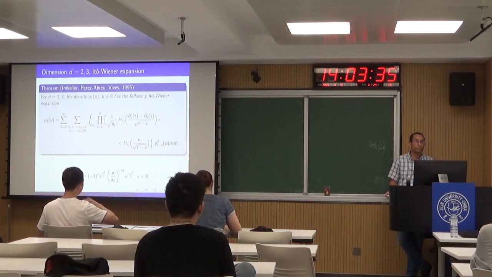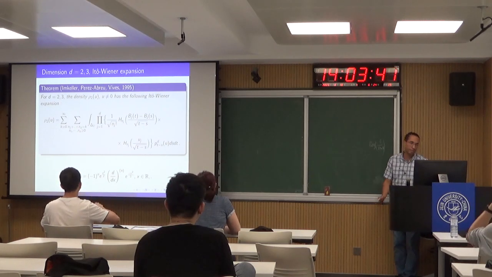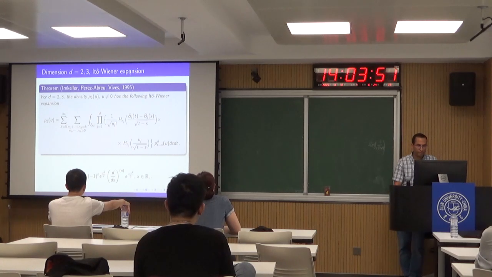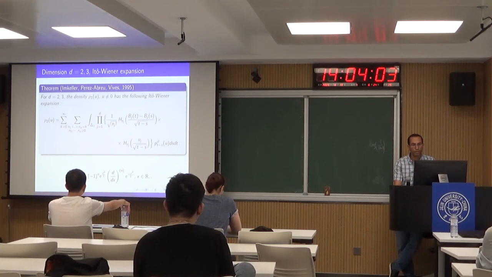given by the Itô-Wiener expansion, the chaos expansion that I presented yesterday. So the Itô-Wiener expansion is given by the following series. Okay. So here you may ask, where are the multiple Itô stochastic integrals? Of course, each of these Hermite polynomials is in the increments of the Brownian motion.